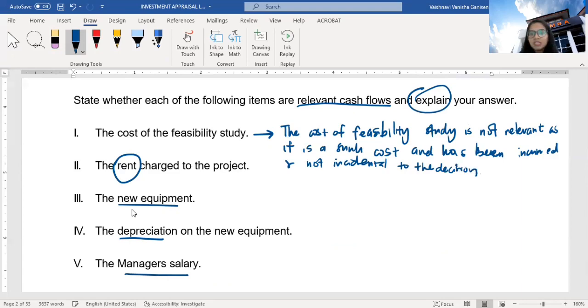That means you didn't incur this cost after you took on the decision, you incurred it before you took on the decision. All right, so this is how you need to explain.